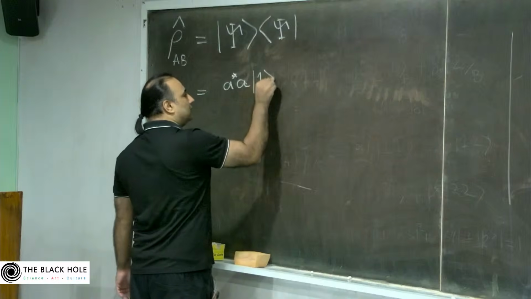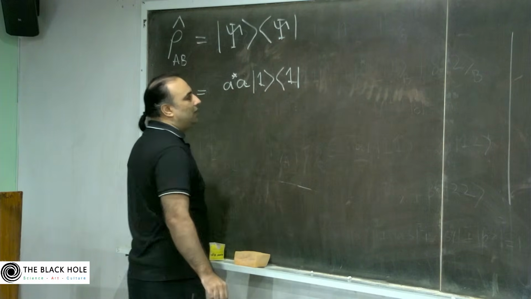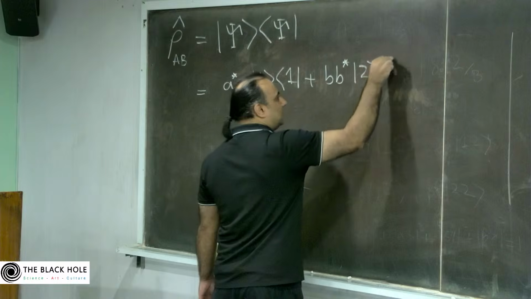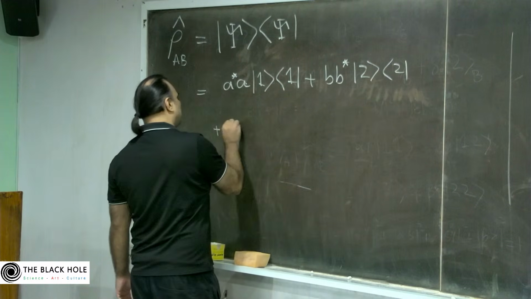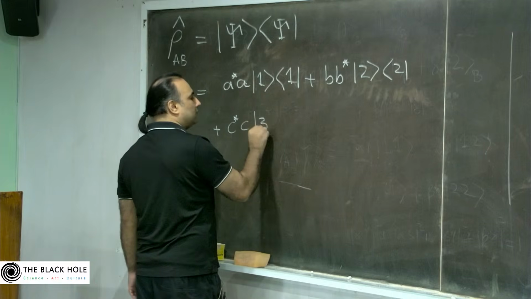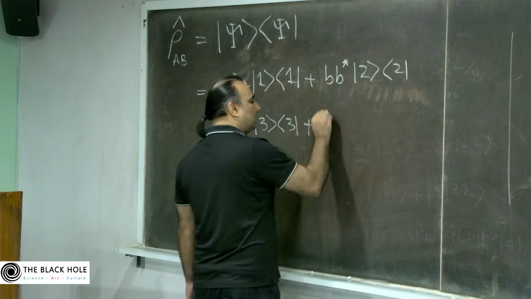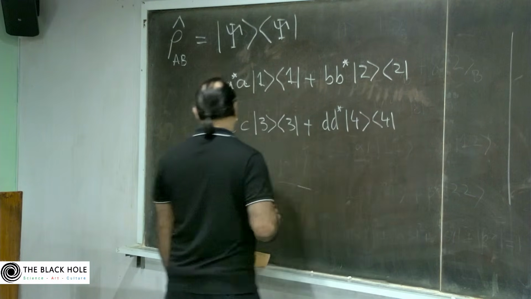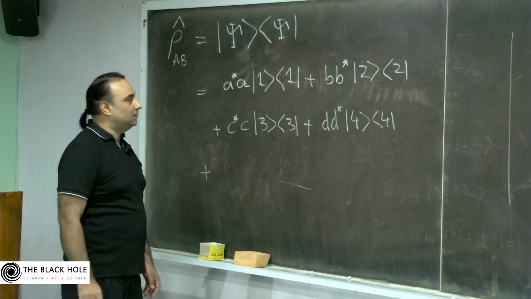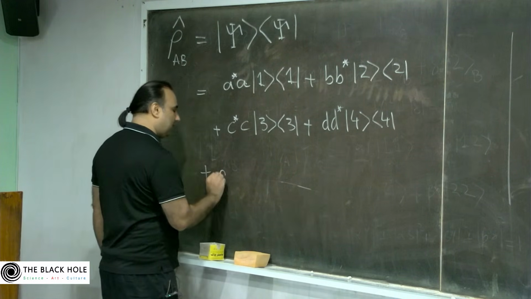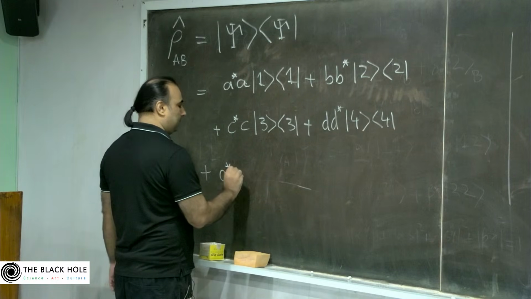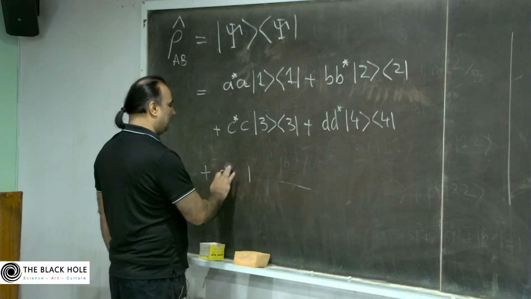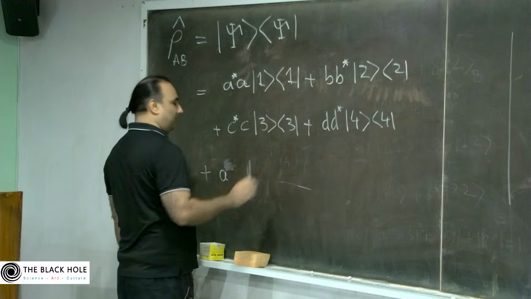And then there would be off diagonal elements, and with A star, for example, let's call it A, so that we have that.